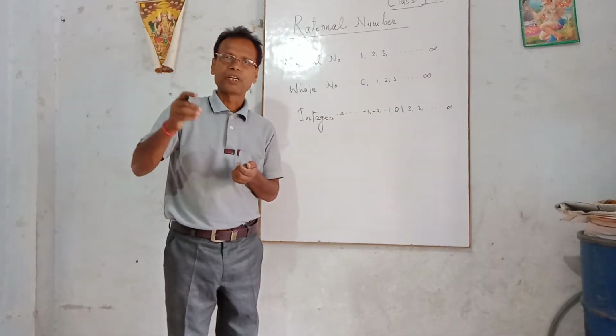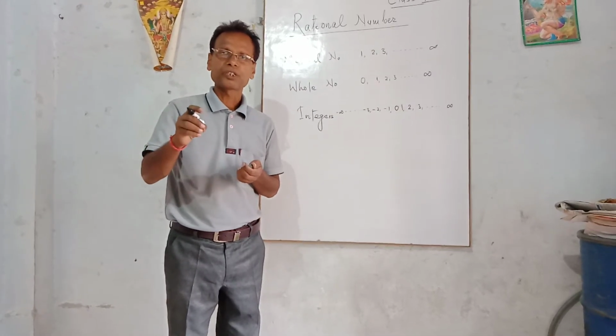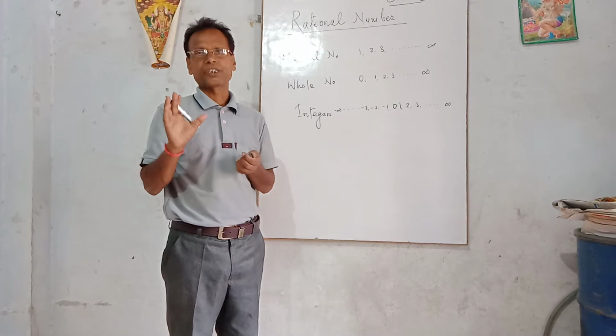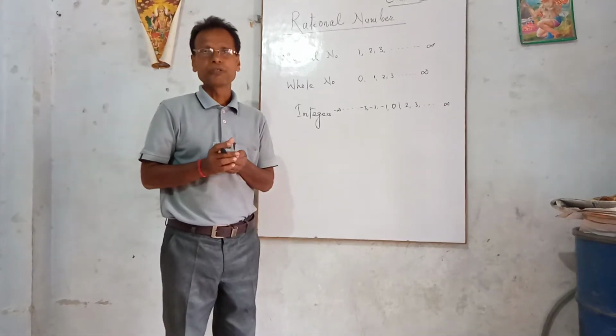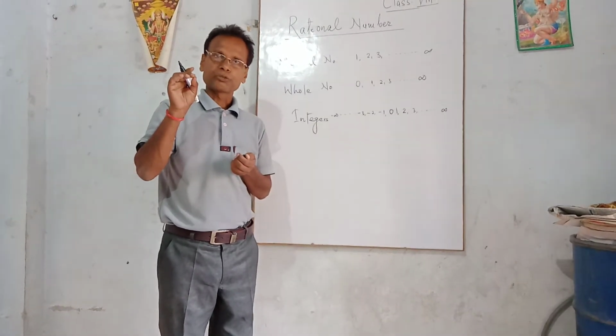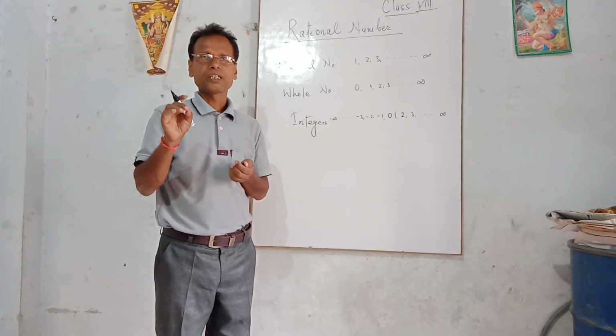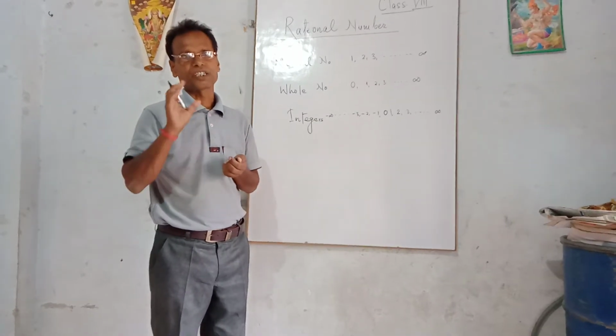It means that the family of natural numbers and negative natural numbers with 0 is called integers. In this way, I think you will be able to understand integers clearly. Then let's see what a rational number is.